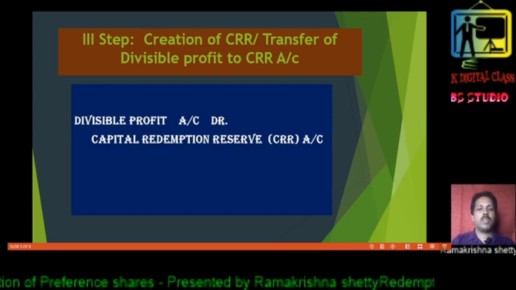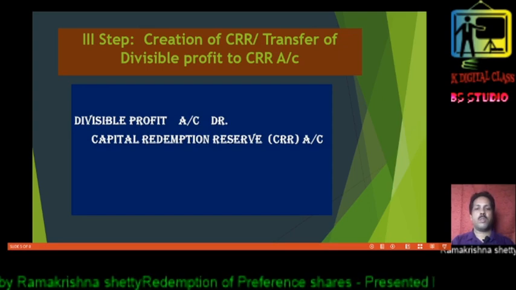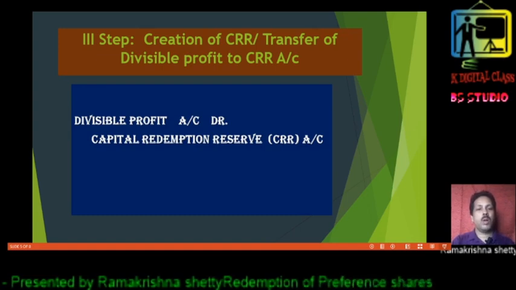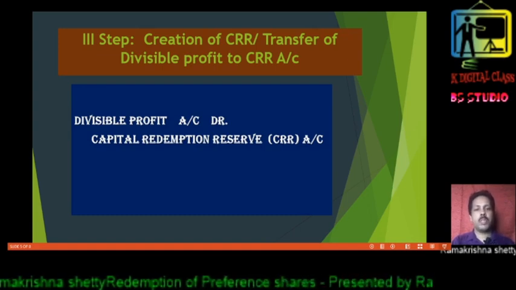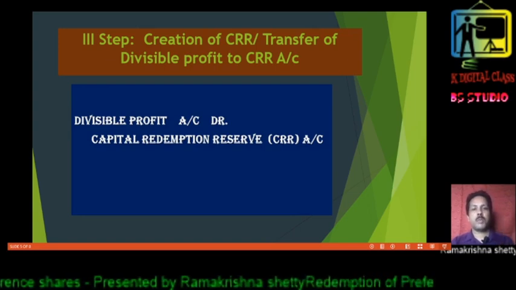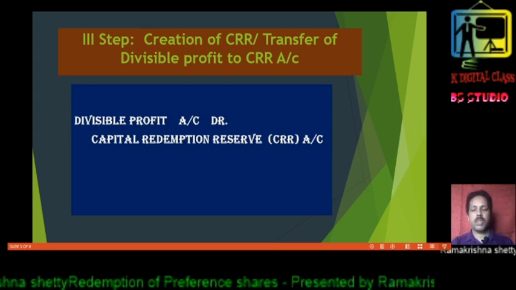The entry: divisible profit account debit to capital redemption reserve account. Here we have to specify the particular account, for example profit and loss account or general reserve, that should be debited. The balance in that account decreases and is transferred to CRR account, and the capital redemption reserve account will be created.